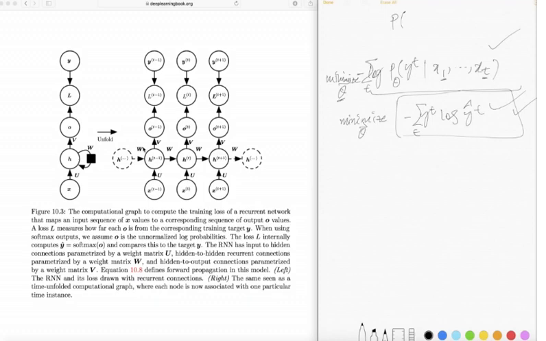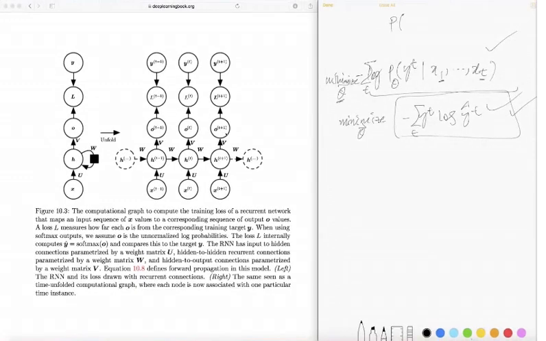From this unfolded version, you can see that to compute a particular output O, the network has to sequence through. It will take x1, compute h1, then x2, compute h2. It has to sequence through all the states, and then it should predict the final output at t plus 1.